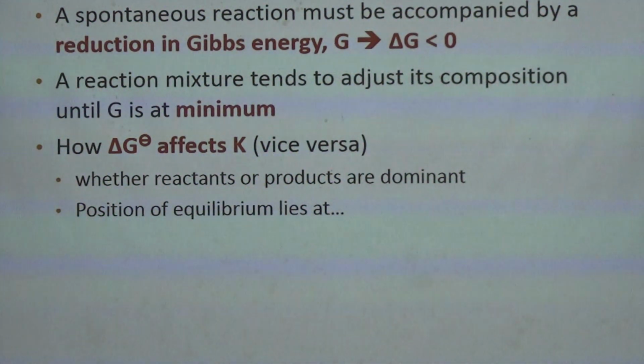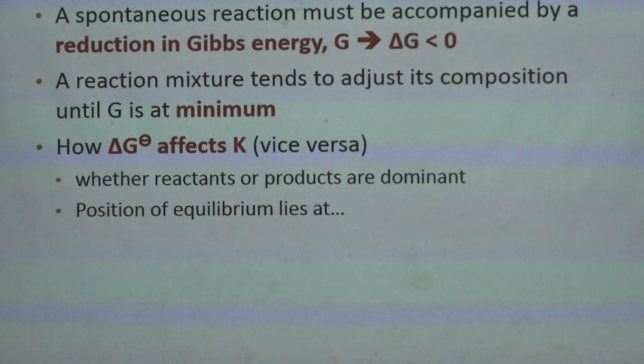Because what the syllabus requires you to know is that, okay, we already know that when delta G is less than 0, it's a spontaneous reaction. We already know that when delta G is equal to 0, it is at equilibrium. What the syllabus requires you to know for equilibrium is this: how delta G naught affects K, and vice versa, how K affects delta G naught.